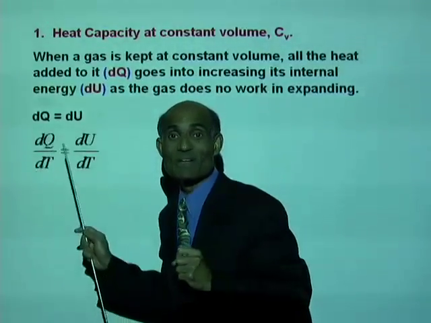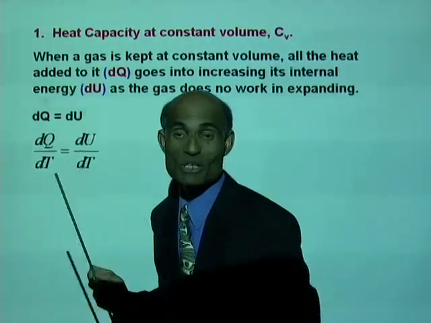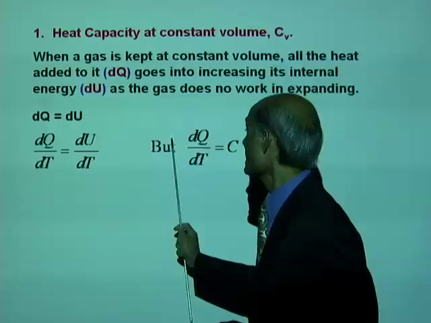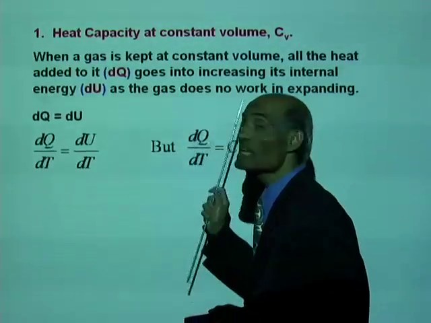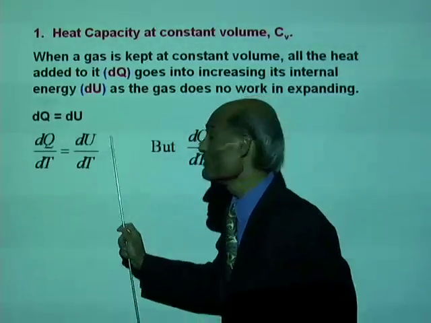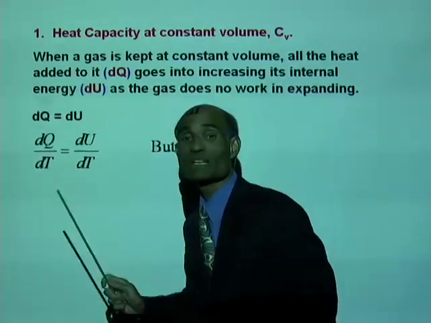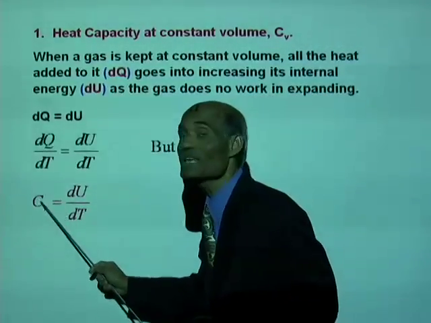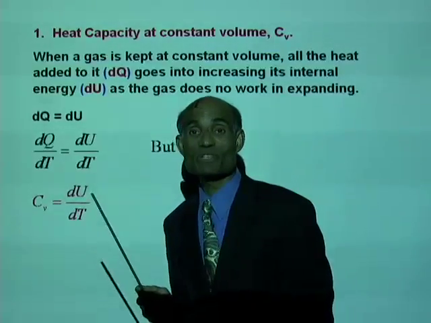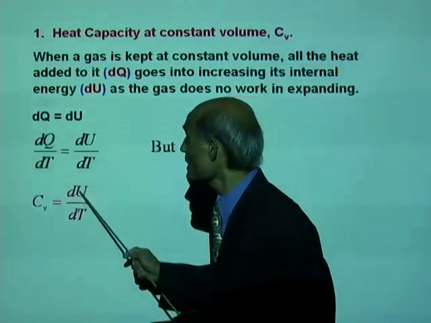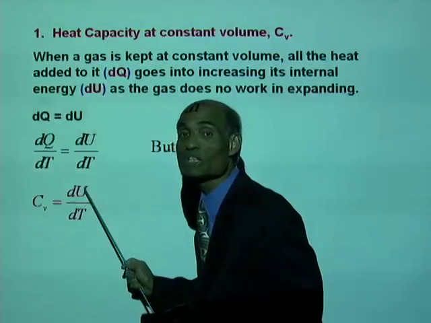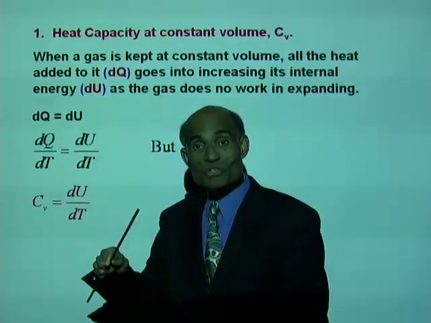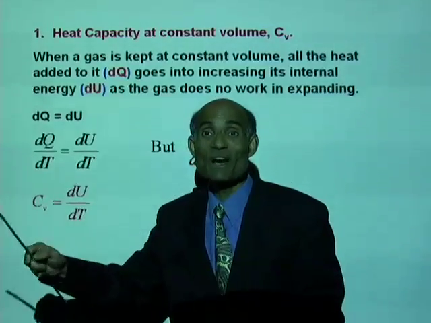Isn't that interesting? The increase in internal energy per Kelvin rise in temperature. But dQ over dT is the heat capacity. Therefore, Cv, the heat capacity at constant volume, equal to dU by dT, where dU stands for the change in internal energy.